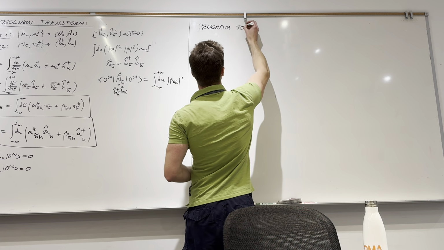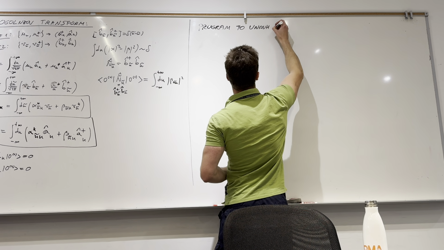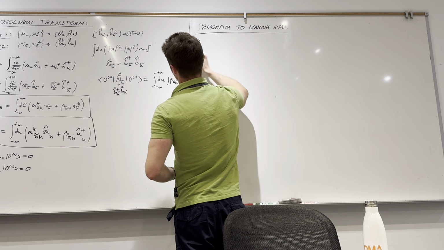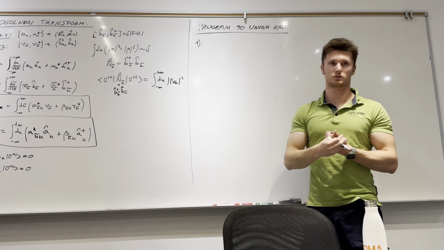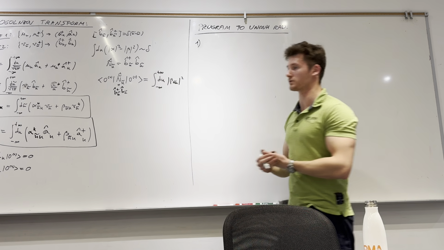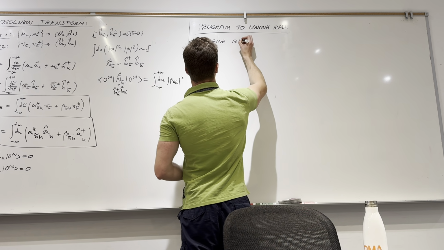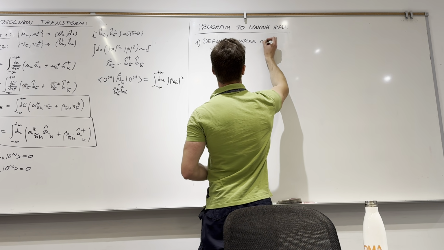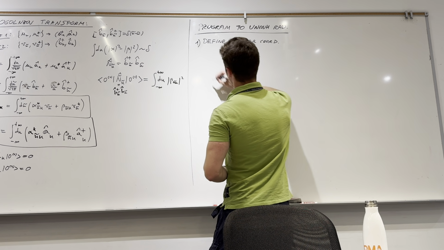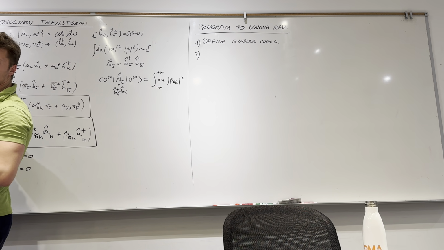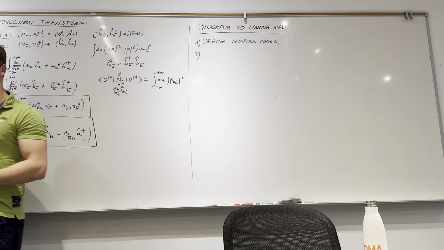So now the program then to compute the Unruh radiation is basically the following. So we need first to define some suitable coordinates for the accelerated observer. So define so-called Rindler coordinates. Then once we have the coordinates, we need to write Klein-Gordon equation in these coordinates and solve for a basis of solutions in these coordinates.